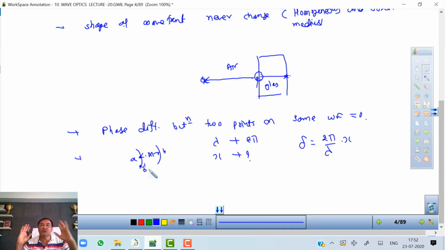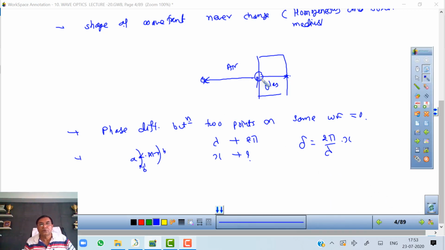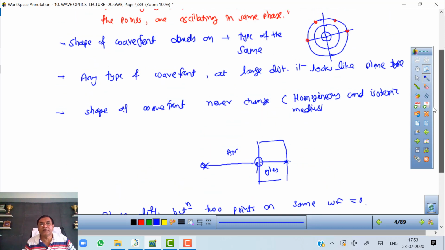Wavefrontનો shape depends on source. Also you can say that it depends on medium. અને જો તમે ખૂબ દૂર જાઓ તો small part looks like a plain wavefront. Okay? So again, disturbances are given here. So you are giving some energy here, and this energy is spread in all directions. બધી બાજુ જવાની છે.